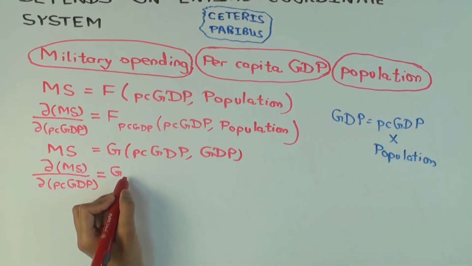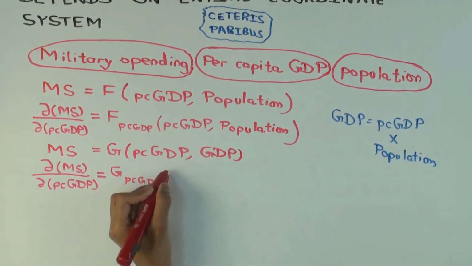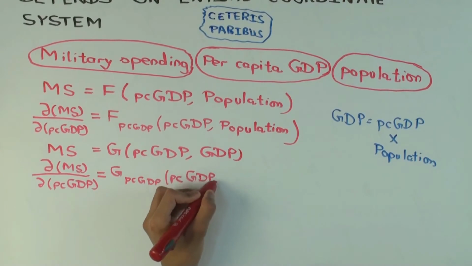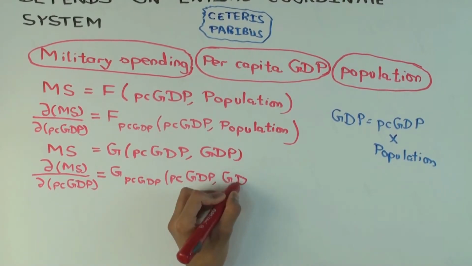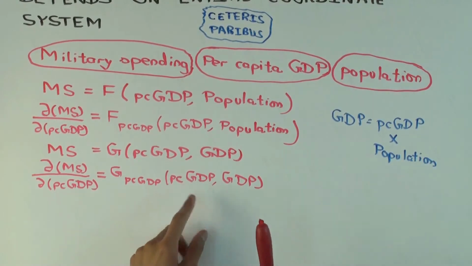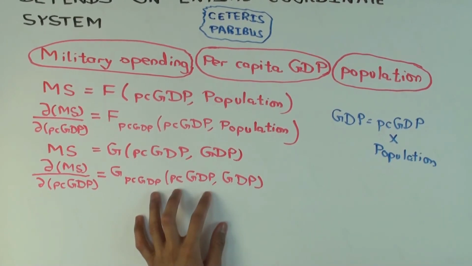And then if I say, I'm holding GDP constant, then you'll say, okay. Conceptually, what is this measuring? What is this partial saying? Holding GDP constant, and then change per capita GDP, how military spending changes.